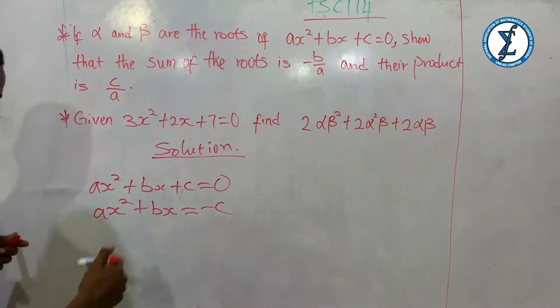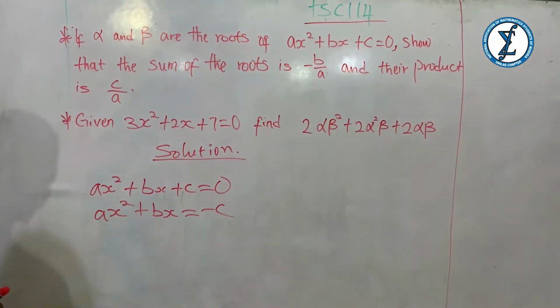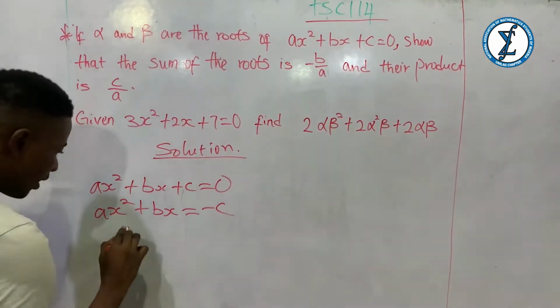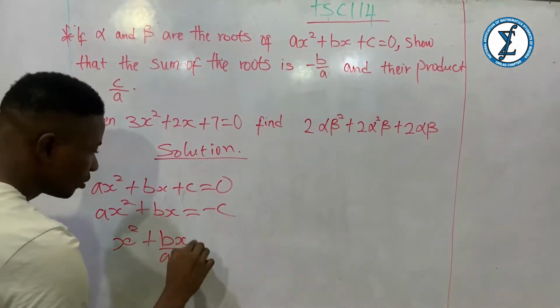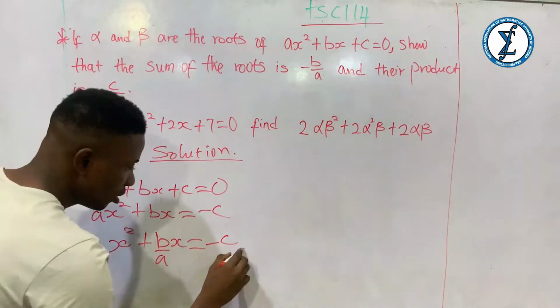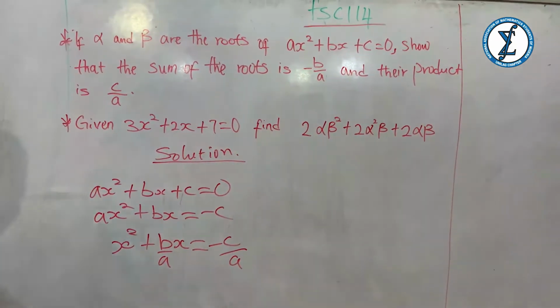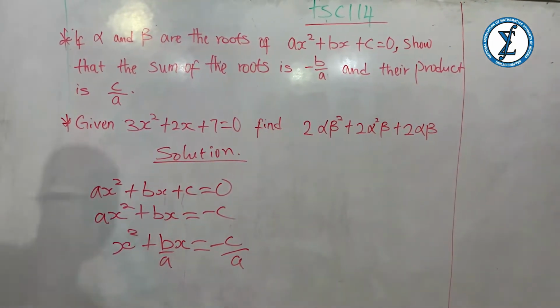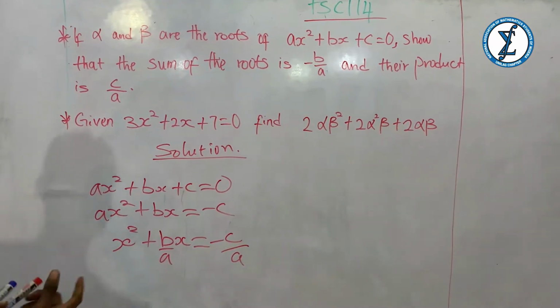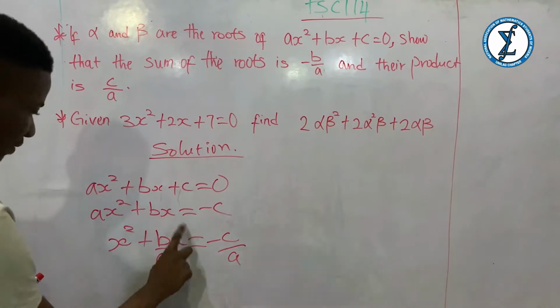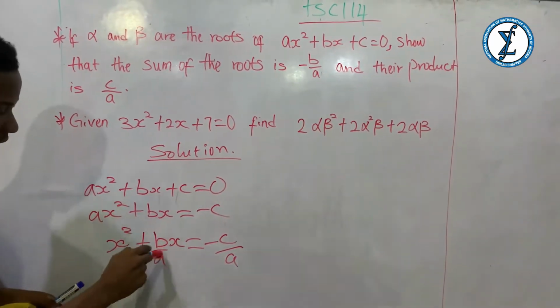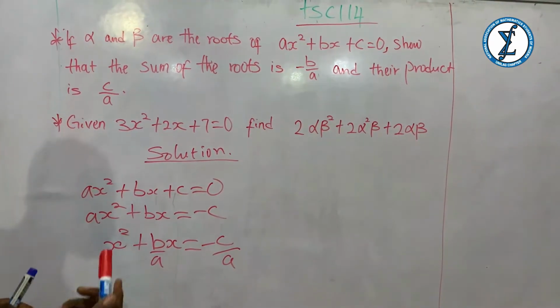If I divide through by the coefficient of x squared here, I would have what? x squared plus b over a x equal to minus c all over a. Okay? Now, take note of this. I will add the half of the square of this value here. Half of it, I'll square it and add it to both sides.